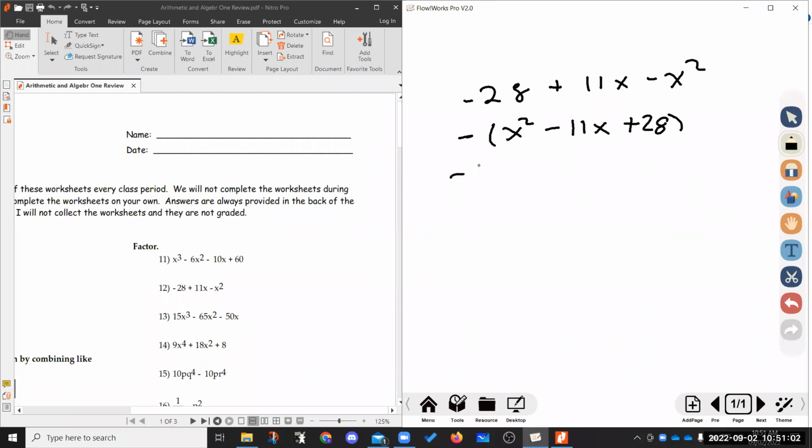Now that I have it written that way, I know that there's going to be 2 factors, and x times x is going to be in the beginning to give me x squared. I want factors that have the same sign that are both negative. I want factors of 28 that add to give me 11. Those are going to be 4 and 7. It's fully factored. Don't forget that that negative sign out there is part of your factored form.